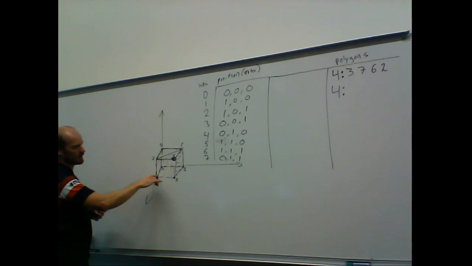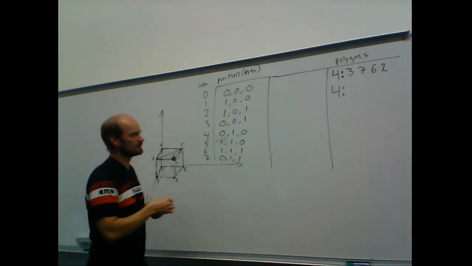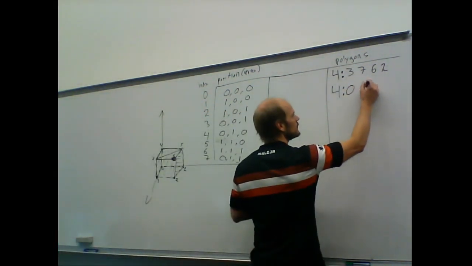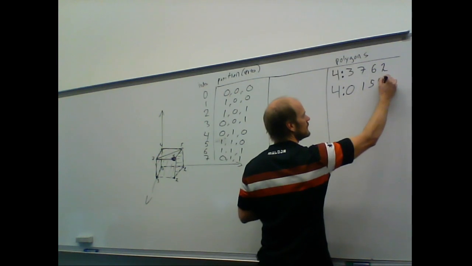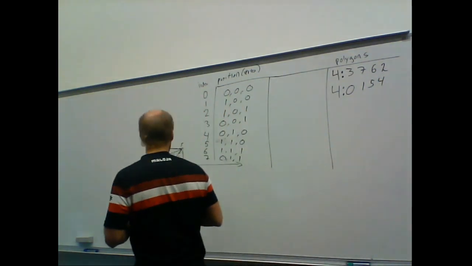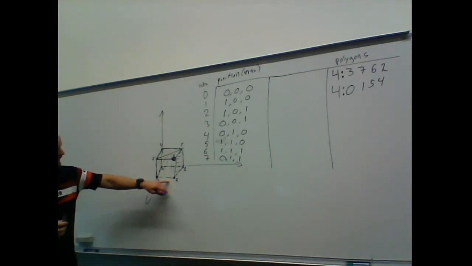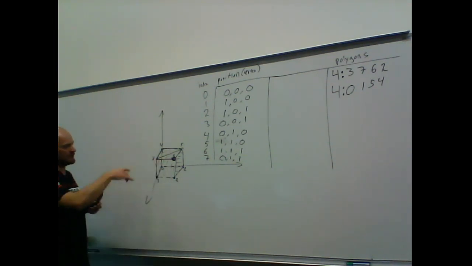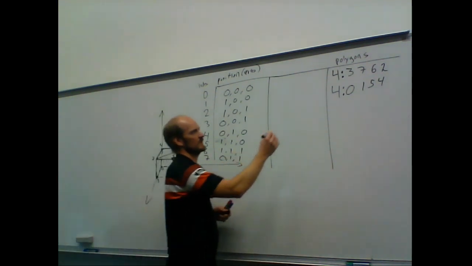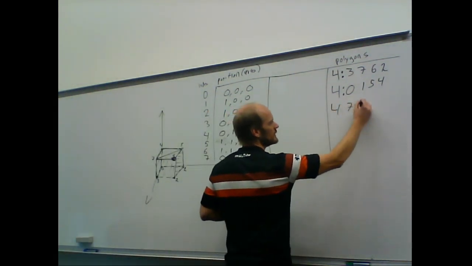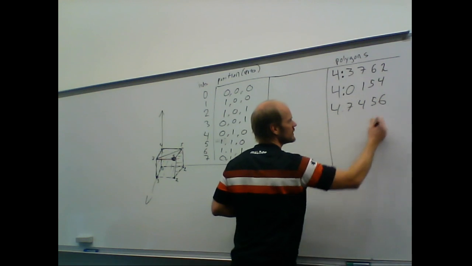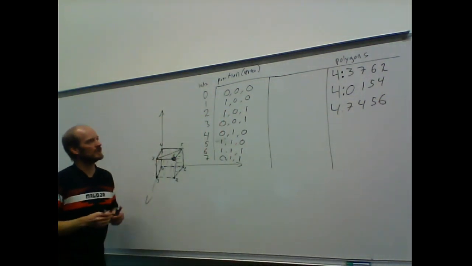So this one was 3, 7, 6, 2. This one here would then be 0, 1, 5, 4. So the top face here, 7, 4, 5, 6. So on and so forth.